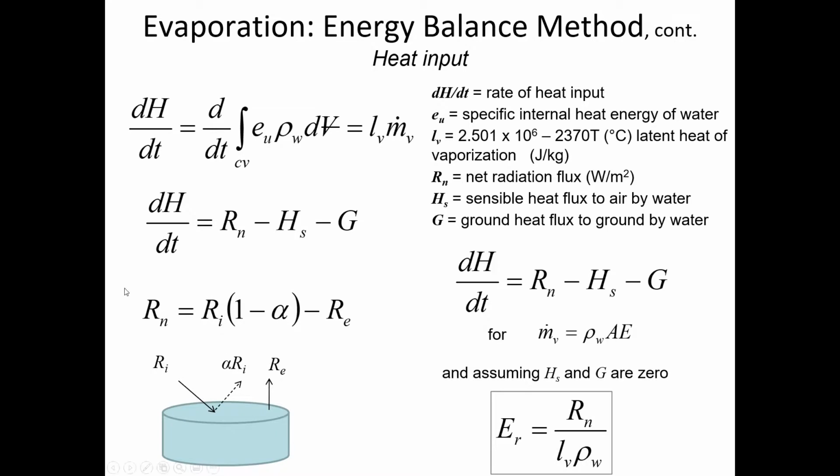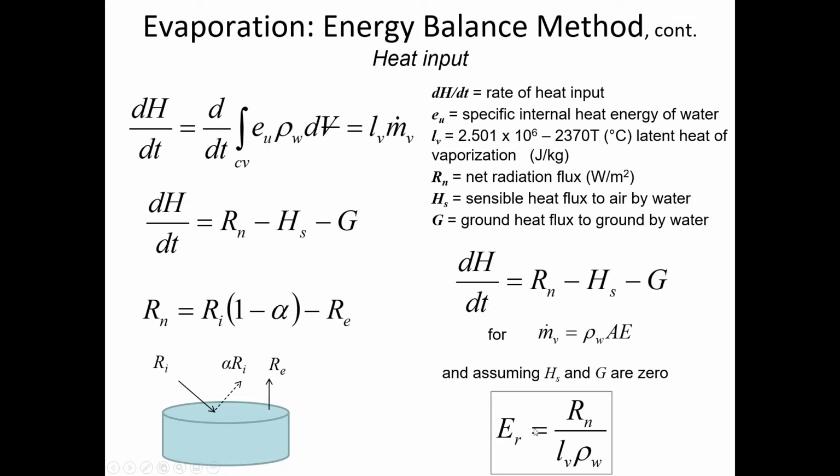The net radiation, the difference between those, is just what's available to undergo the phase change from liquid water to gaseous water. So that's in the numerator of this formula for the radiation.